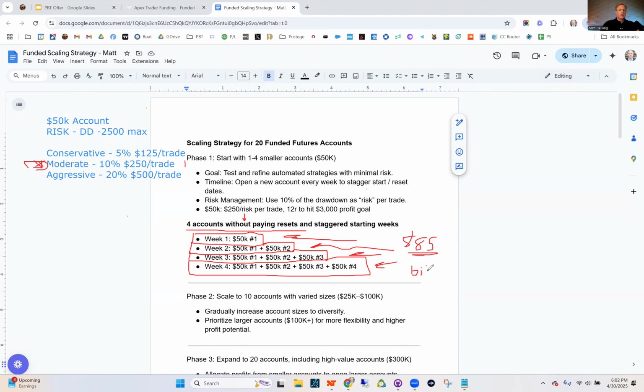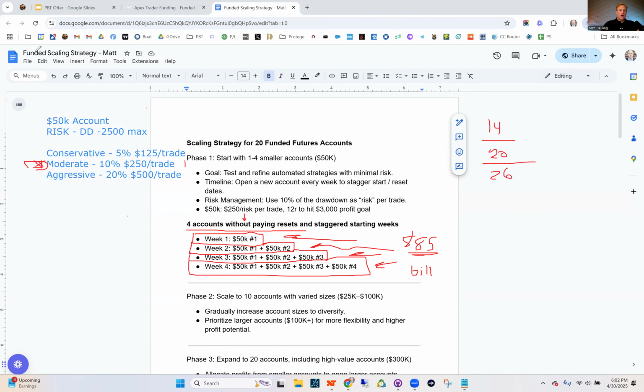So your billing cycle. If you were to look at my accounts, let me open up my notes on my accounts. I opened up accounts on the 14th, on the 20th, and on the 26th.